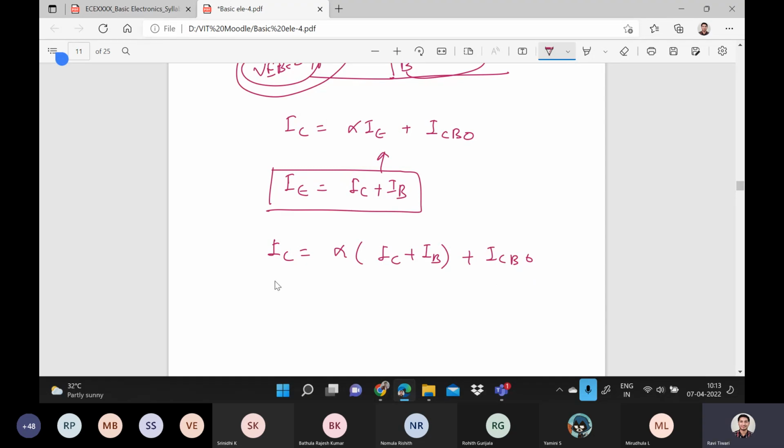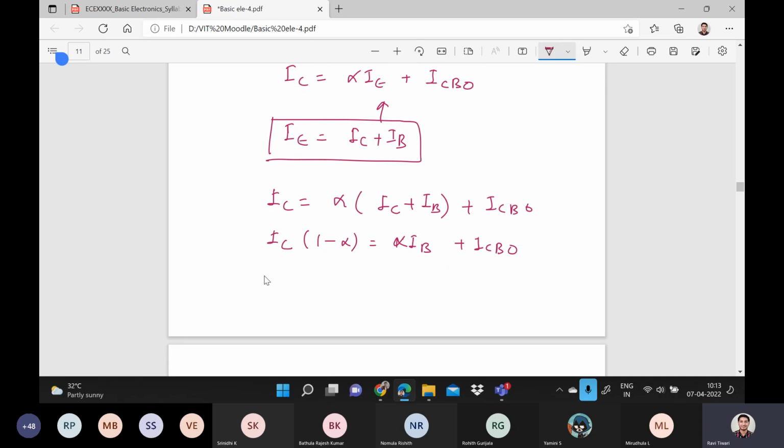Now you can see IC times 1 minus alpha is equal to alpha IB plus ICBO. Then you can find the value of IC is equal to alpha divided by 1 minus alpha times IB, plus ICBO divided by 1 minus alpha.